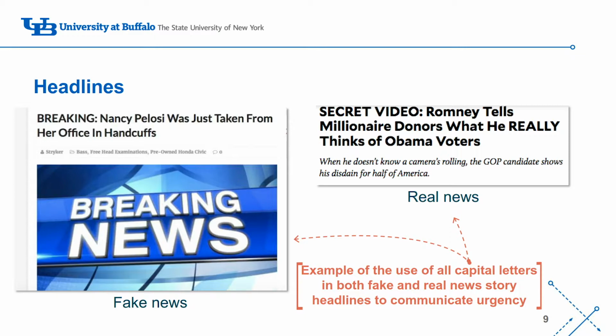And as we can see here, as an example of fake and real news, they are both using the same tactics to communicate urgency. These are tools that unfortunately also help disinformation spread, because capitalized words capture attention and are used as news, but actually they are not legitimate news.